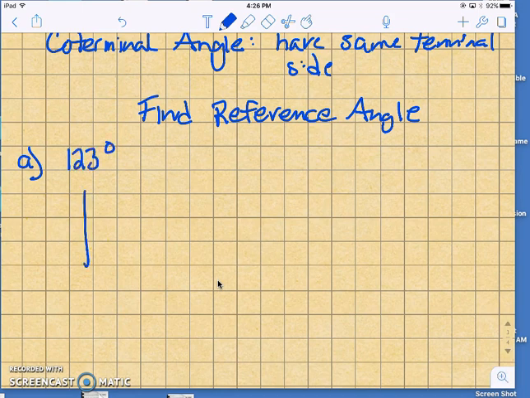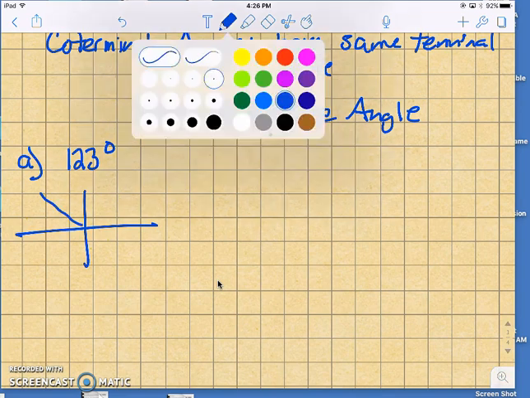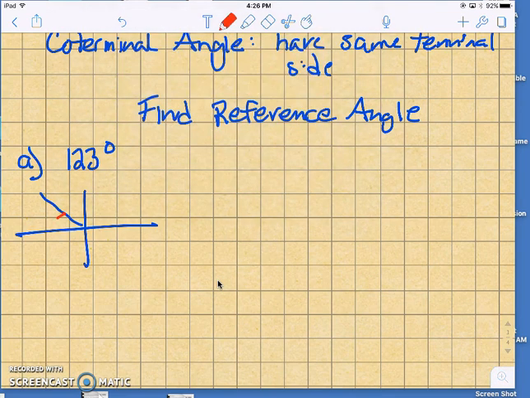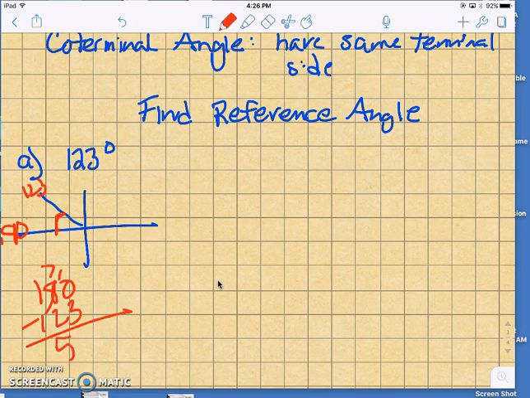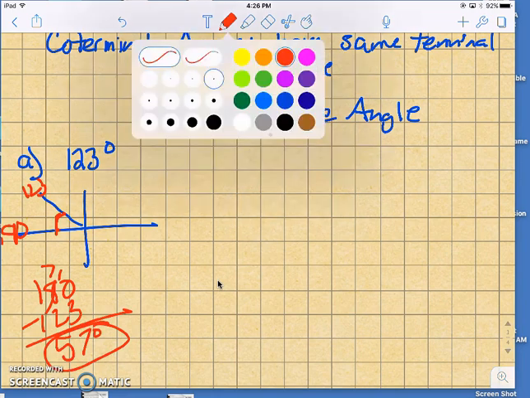We know 123 is over here. Again, our reference angle is with the x-axis. So this is 180 and 123. We want to know how far away that is. Well, what's 180 minus 123? We have 57 degrees would be our reference angle.